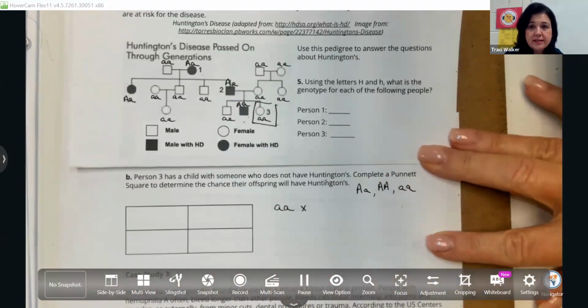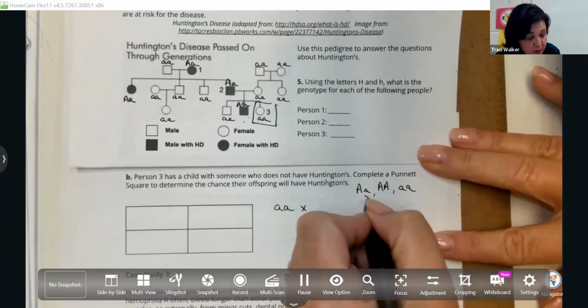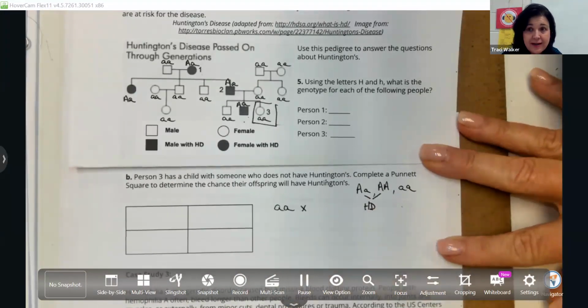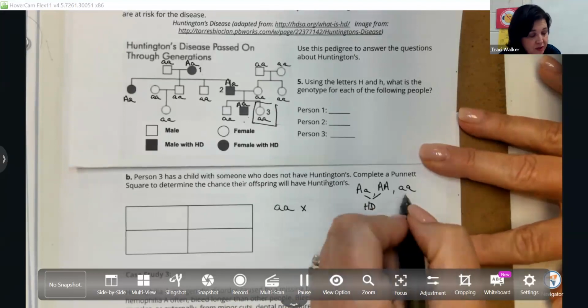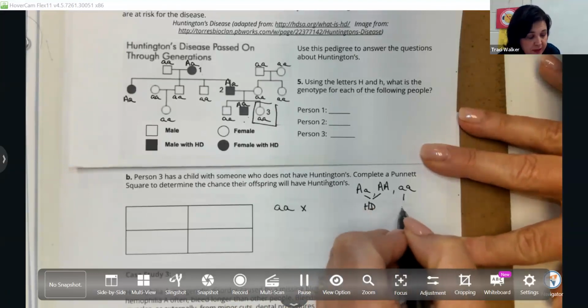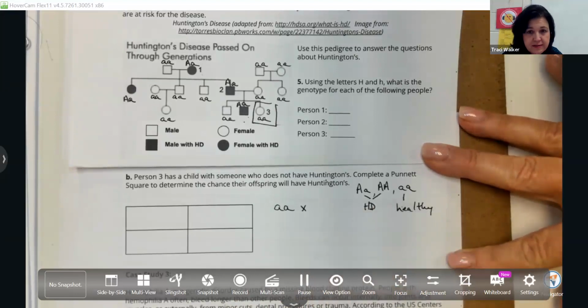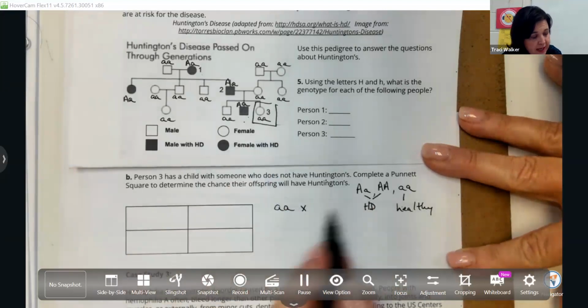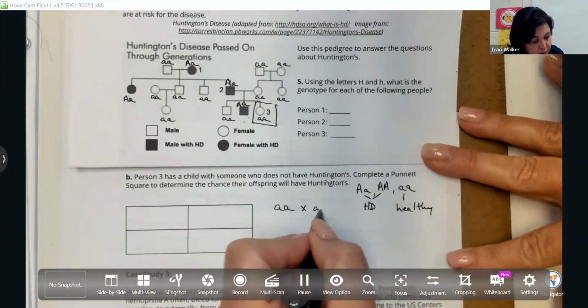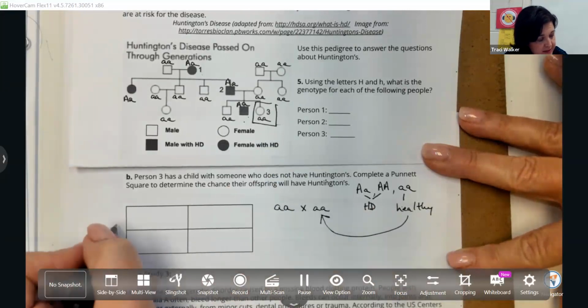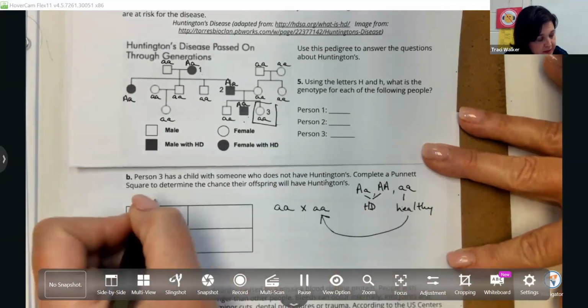Huntington's is dominant, so both of these are going to have Huntington's disease, because it's dominant. This one will be healthy. They will not have Huntington's disease. So if person number 3 has children with a person who does not have Huntington's disease, then we can do a Punnett square.